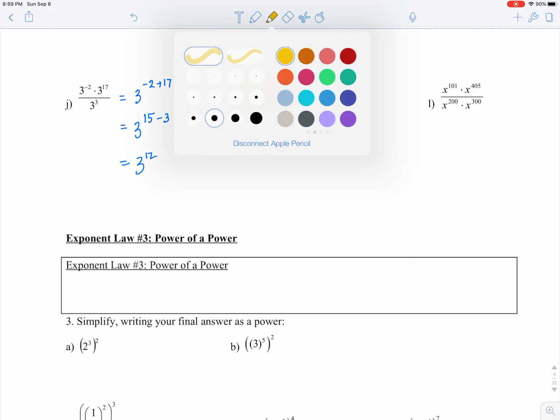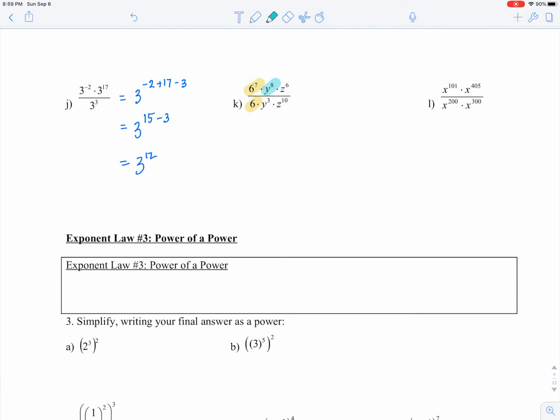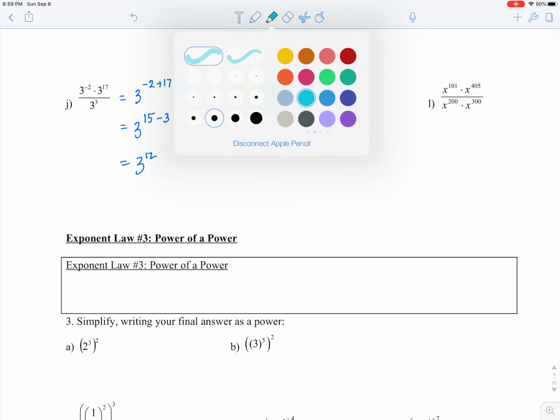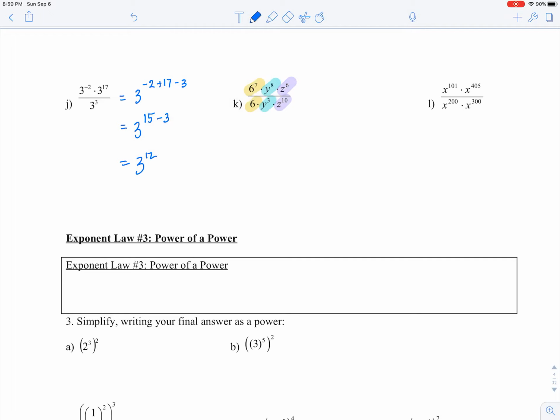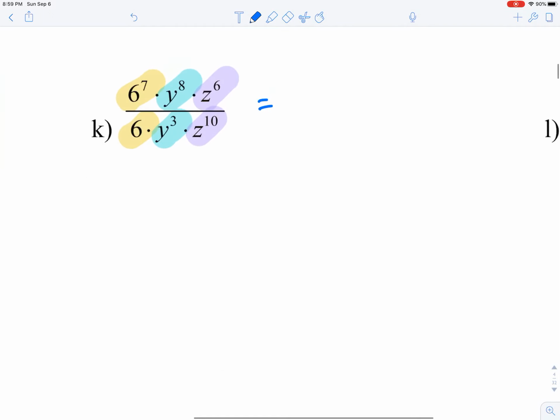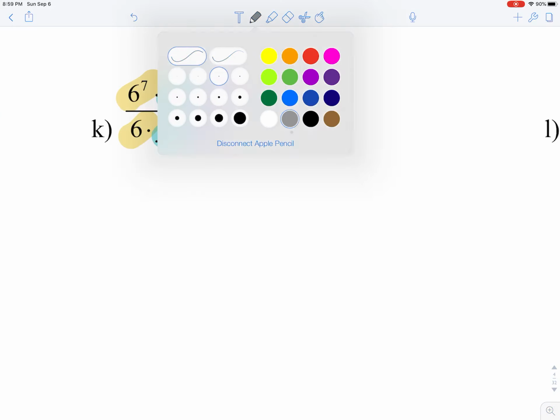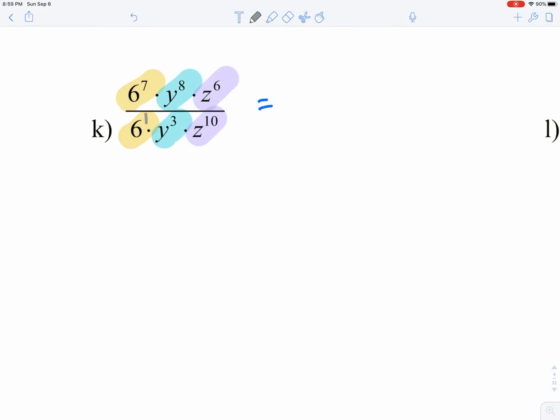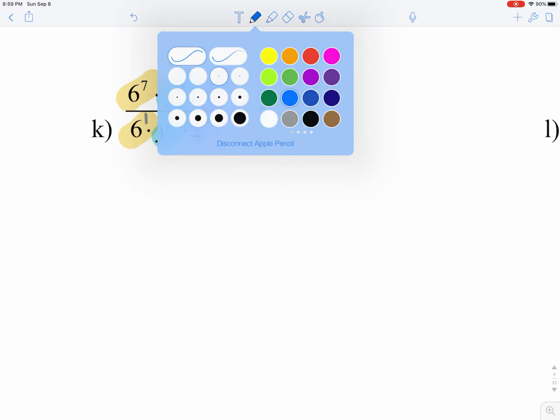For k, we have 3 different bases that match up. So we're going to have to deal with each one separately. Also, if you look here, this 6 on the bottom, there's no exponent, but I hope you remember now that it's really a ghosty exponent 1, because there's one of those 6's.